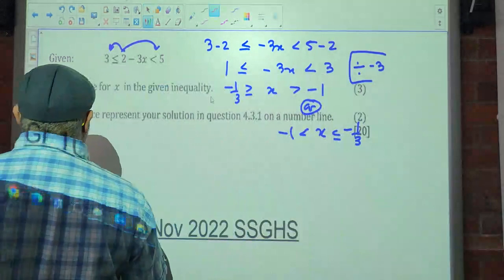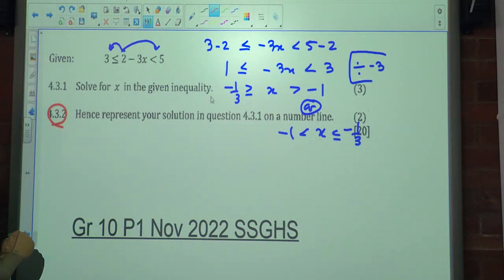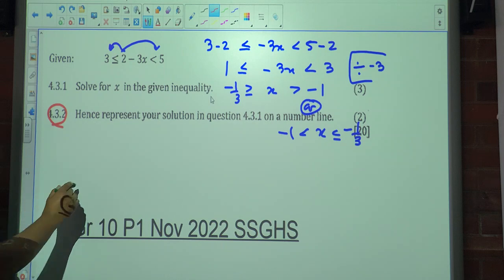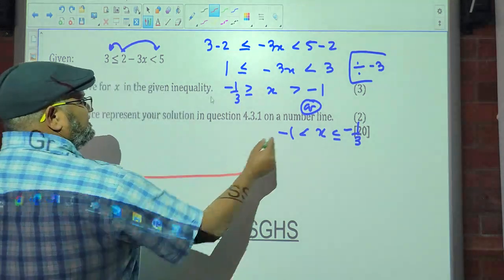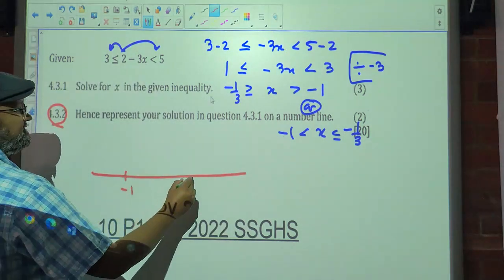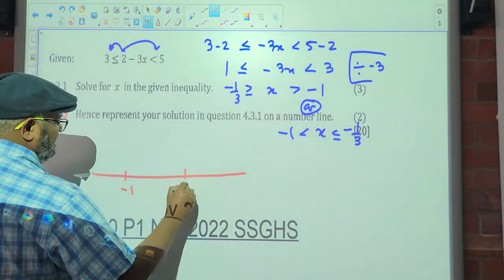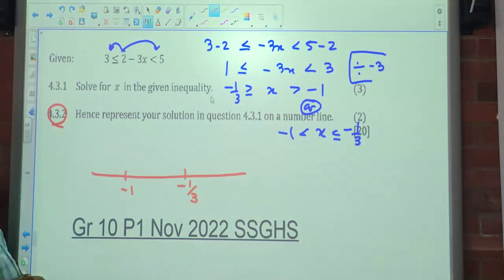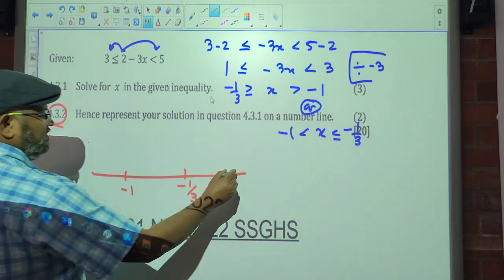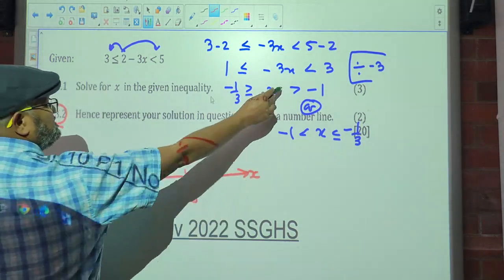The next question, 4.3.2, we are told, hence represent your solution in question 4.3.1 on a number line. So what are your critical values on your number line? Negative 1 and negative 1 over 3. I don't need any other numbers. Of course it's in your x bar because of that being x.